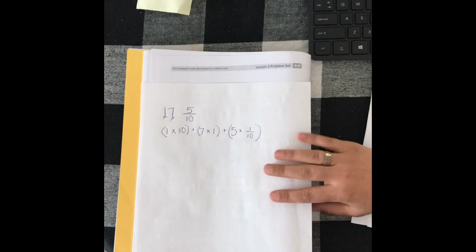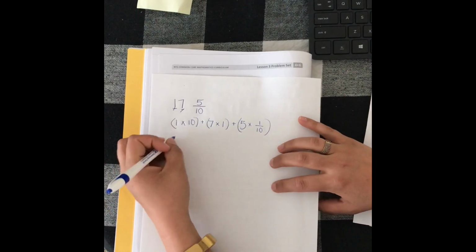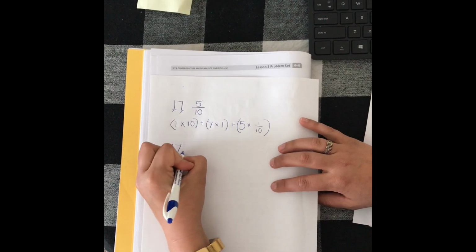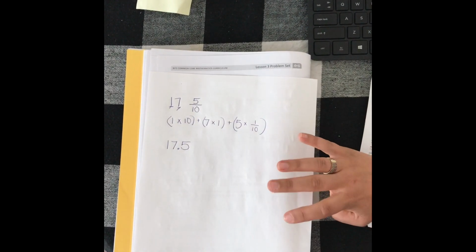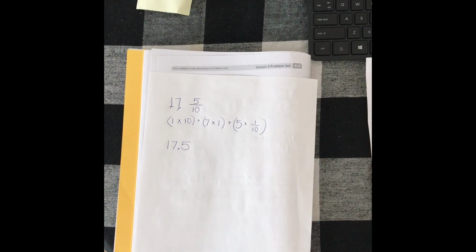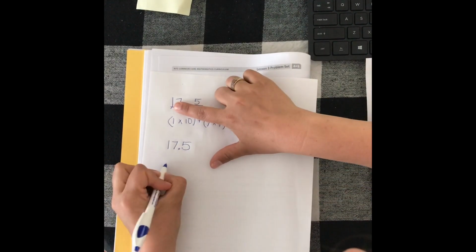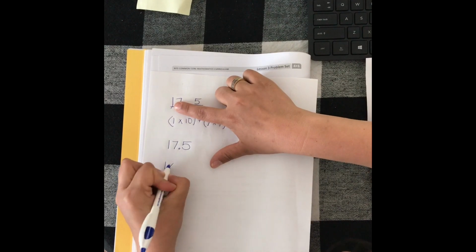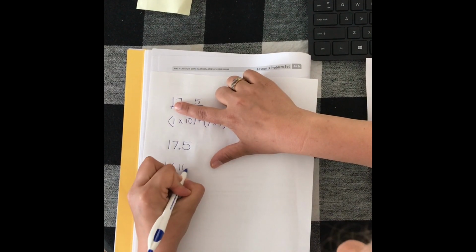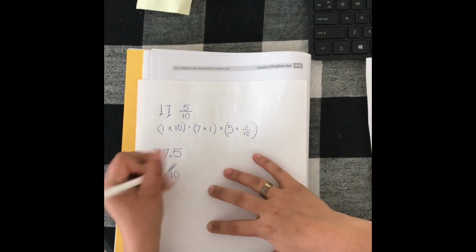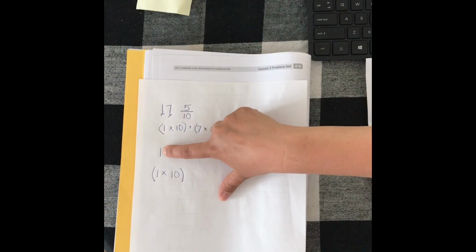Now, they want us to do the same thing, but with a decimal. So I would write this 17 and 5/10. Again, I'm going to follow each place value and break it apart, expand it. I have 1 ten in the tens place.